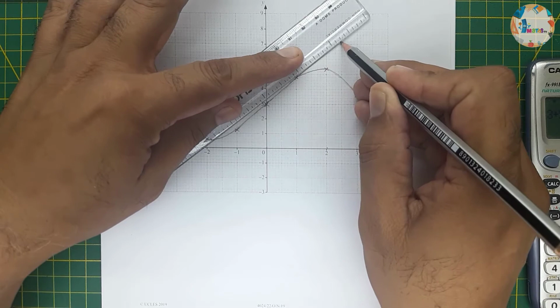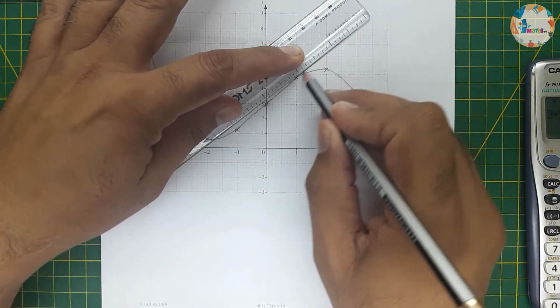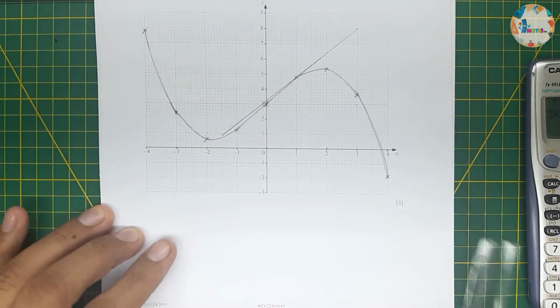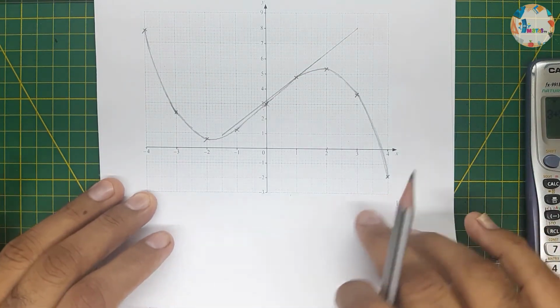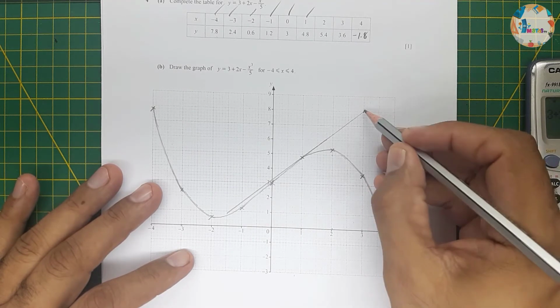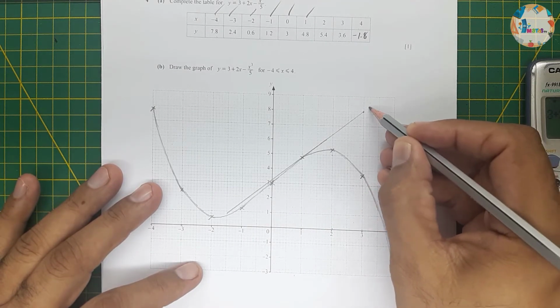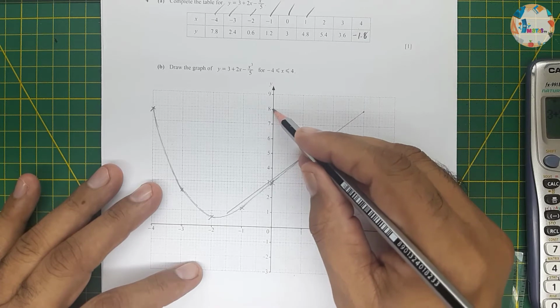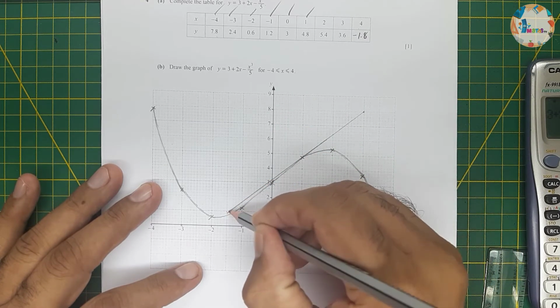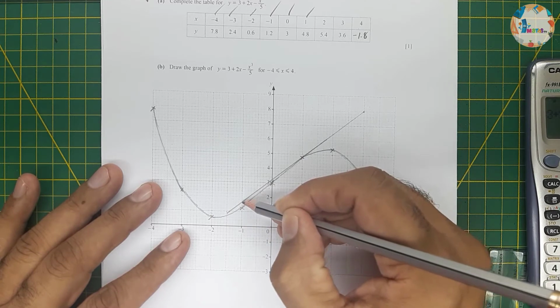So that line we can draw like this one. Now we have to check for the triangle for the gradient. So this point is at the cross, so we can take this point, and first we can take almost this point as well.